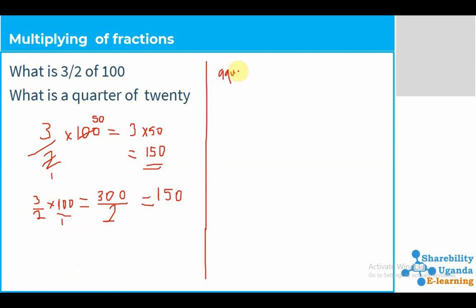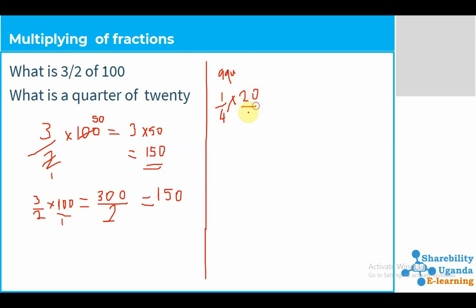A quarter means 1 out of 4. When they talk about a half, it means 1 out of 2. So when they talk about a quarter of 20, we said "of" means multiplication.